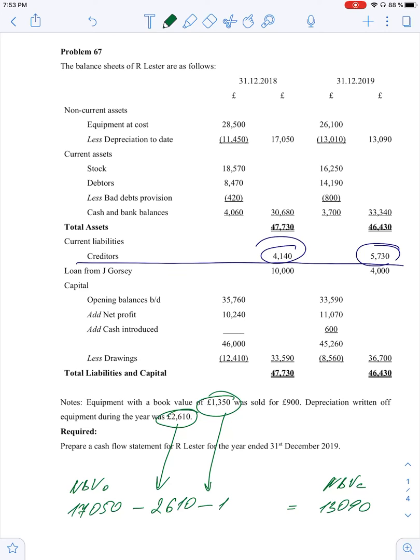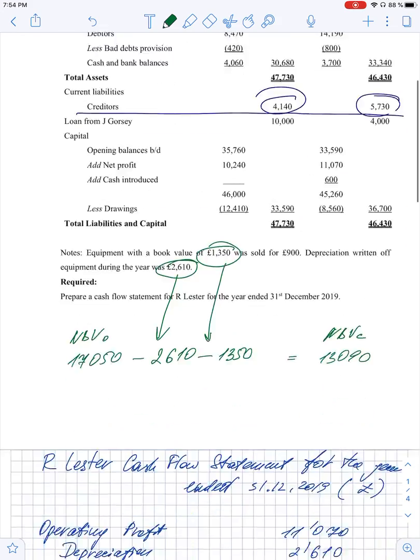That would be 1,350. And now we can see that the equation is in balance. That means that nothing was bought. Nothing was bought. And if we had another amount here, greater than 13 and something, we could assume that something was bought, and that difference, the delta, should be used as payment to acquire fixed assets within the cash flow statement in the investing activity section.